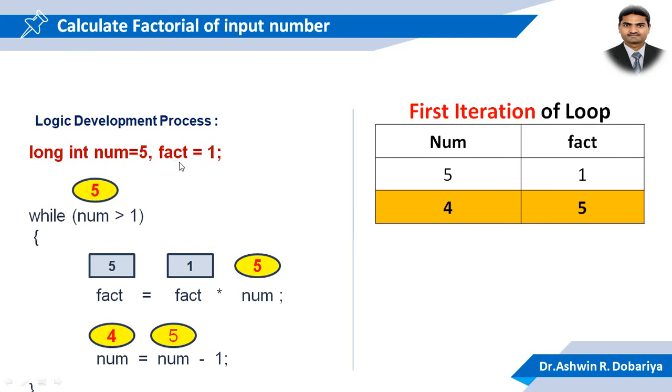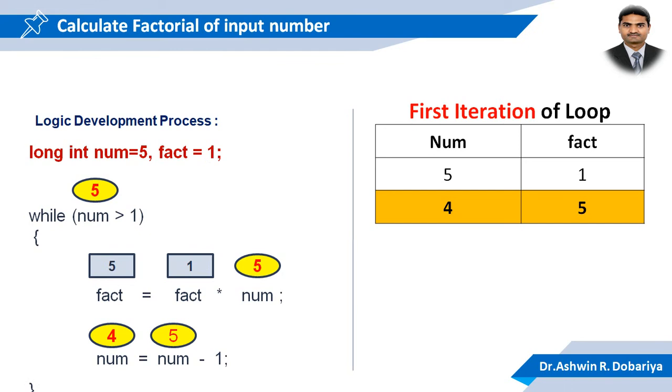Garbage means unknown value, so our ultimate multiplication will be garbage. So one option is factorial equal to 1. If we keep 1 and multiply by the first number, there is no change in the answer. But if you initialize 0, then what happens? We know the rule: when we multiply any number with 0, the result becomes 0, right? That's why instead of 0 we have to initialize factorial equal to 1.